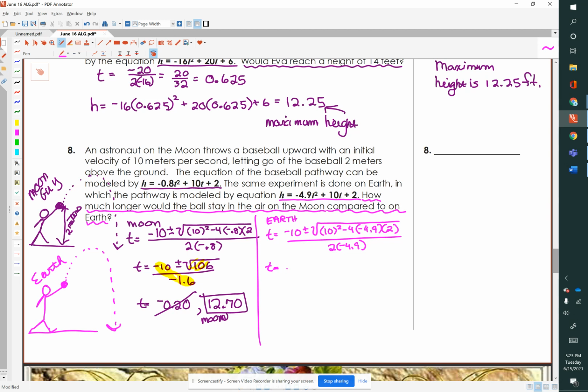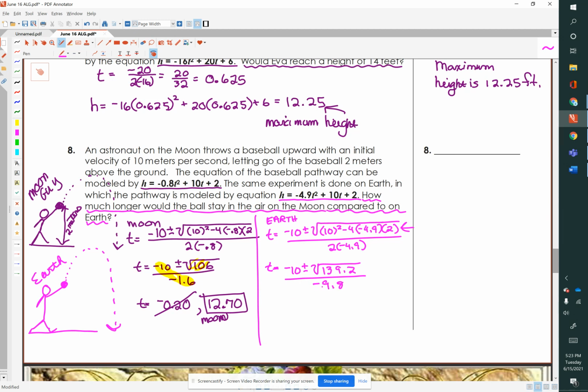And let's simplify that. t equals negative 10 plus or minus the square root of, and if we evaluate all this in the numerator, that would be 139.2, and then our denominator would be negative 9.8.